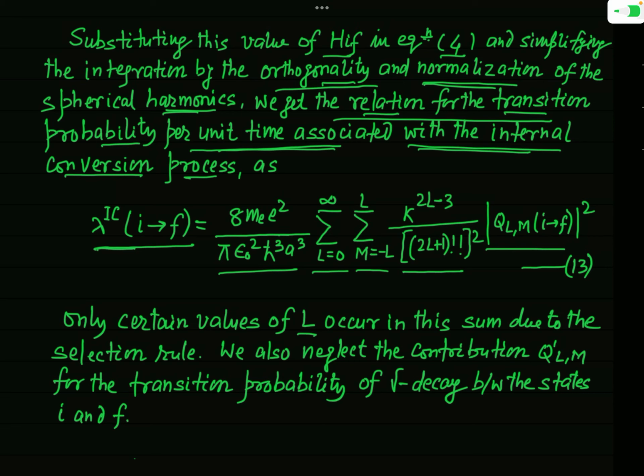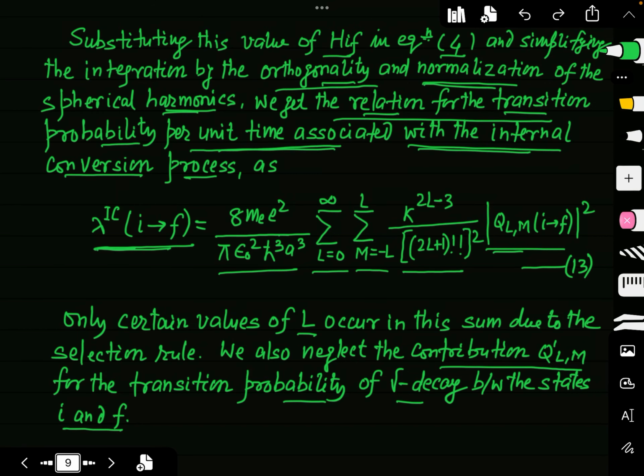But if you want to know the probability per unit time of this internal conversion, then you must neglect the contribution of this QLM due to the gamma decay. So I have mentioned it here. You can see we also neglect the contribution Q prime LM for the transition probability of gamma decay between the states I and F. So when we neglect it, then what will be our result?